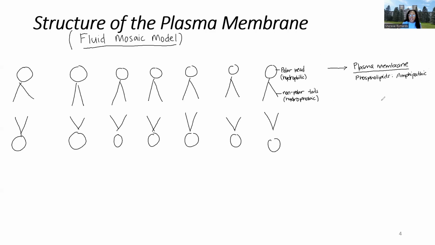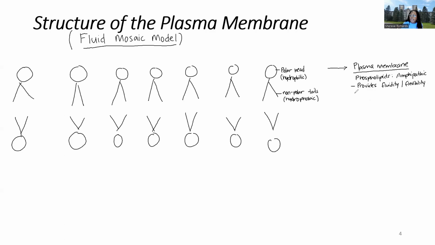This is called amphipathic, having dual properties with regards to water. We know that this provides fluidity and flexibility for the membrane, right? So it provides fluidity and flexibility.